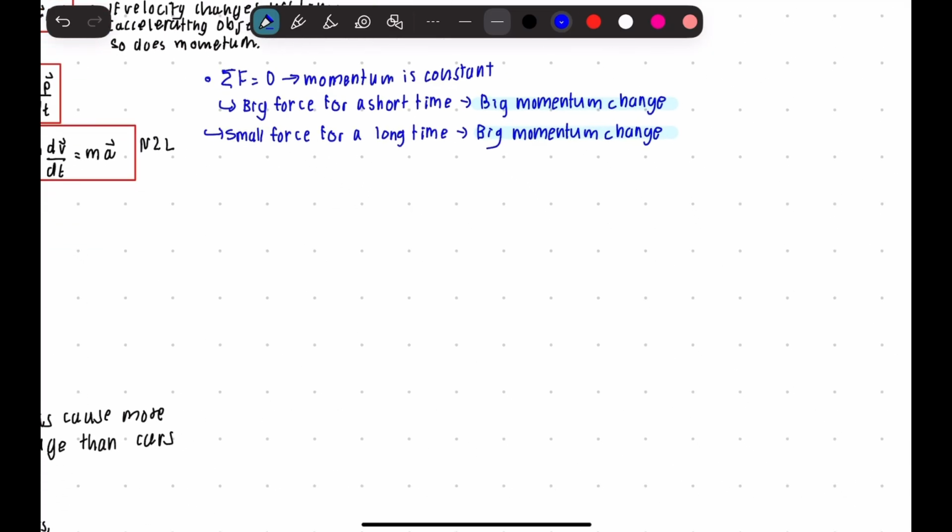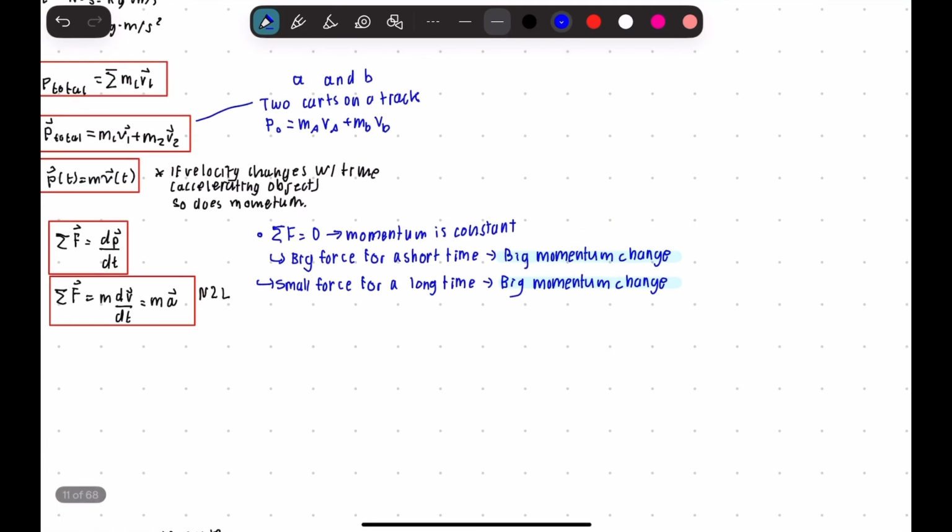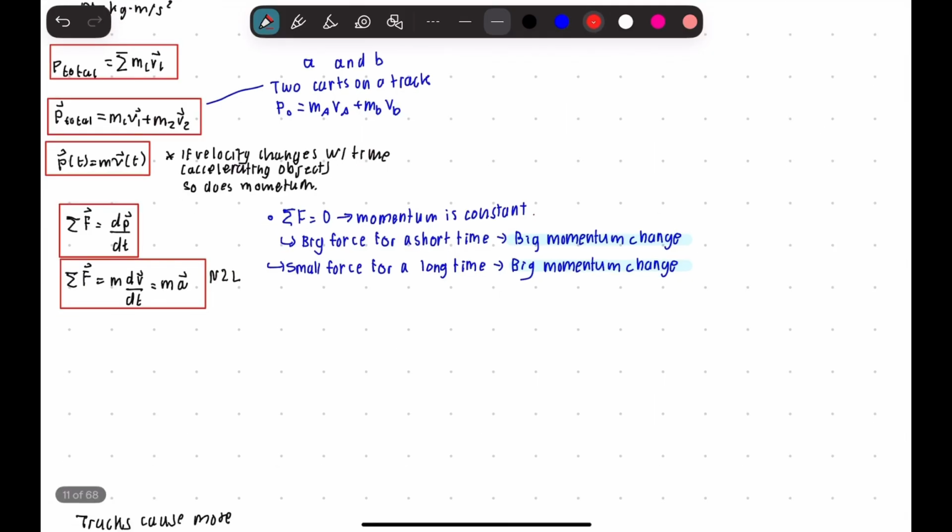Okay. Also, let's say that if net force is equal to 0, momentum is constant, but it is not necessarily equal to 0. Okay, so let's continue.